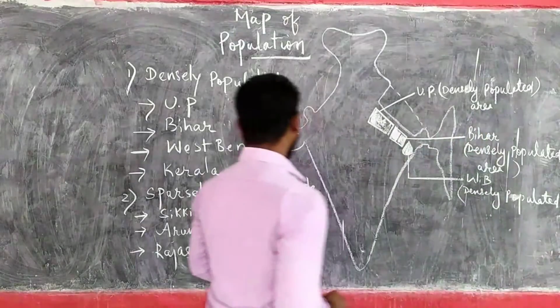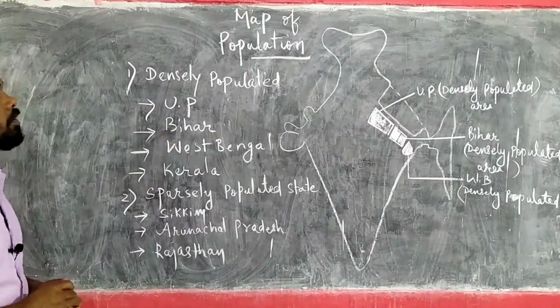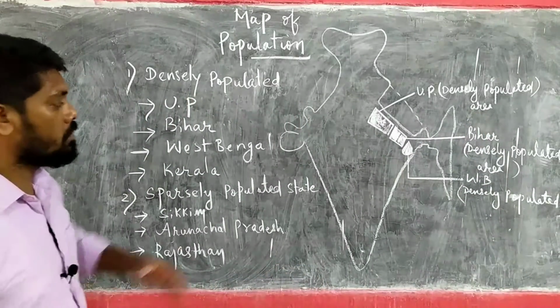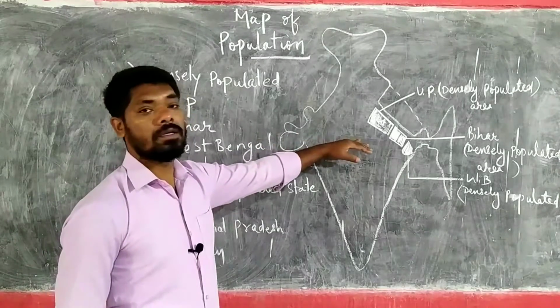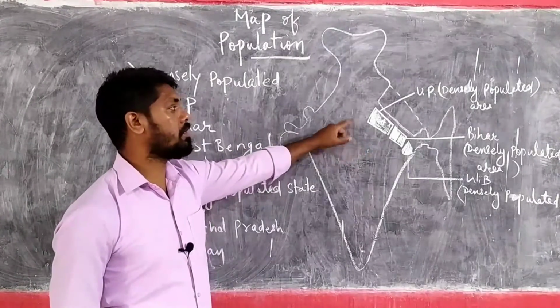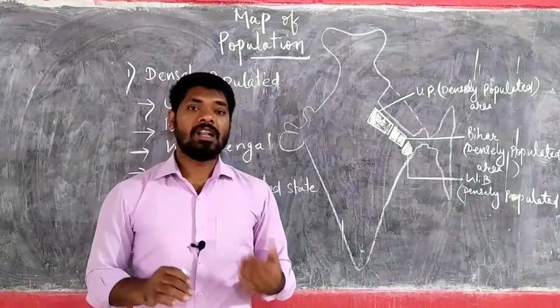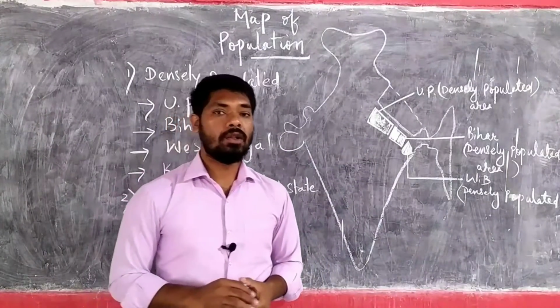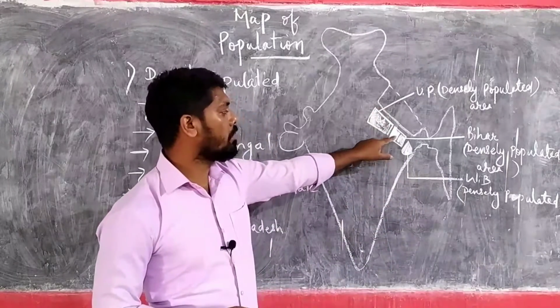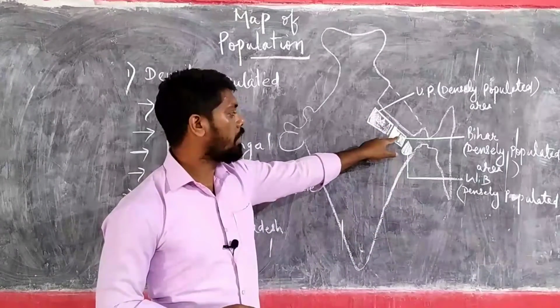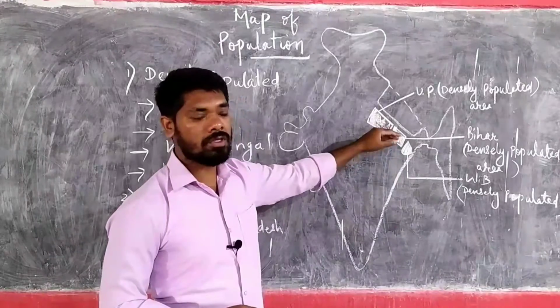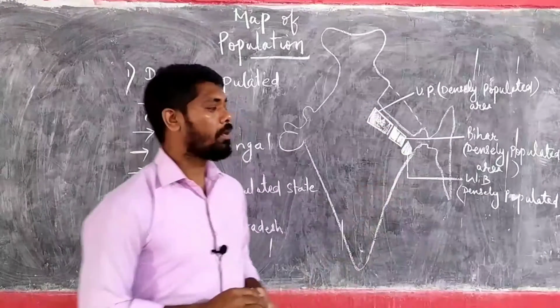Okay. So these are the areas of north of India, that means above the Tropic of Cancer. These are the densely populated states. So when you are asked to label the densely populated area in north, any of these states you can label, mainly Bihar and Uttar Pradesh, because it is completely above the Tropic of Cancer.